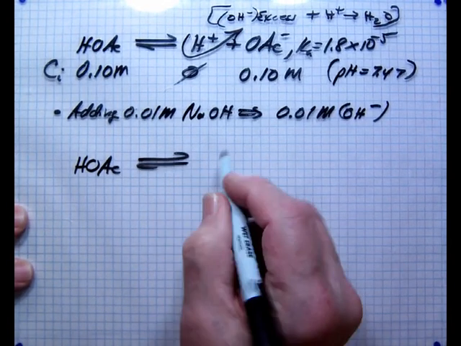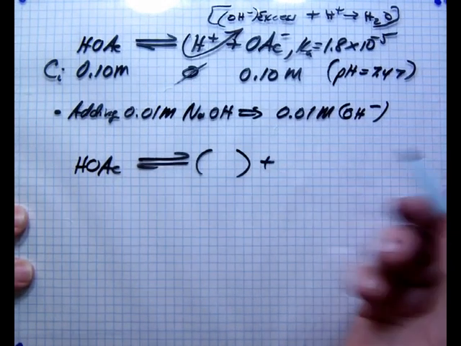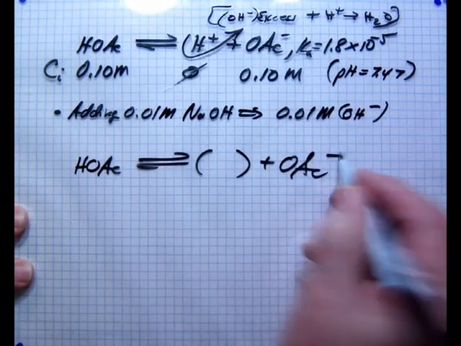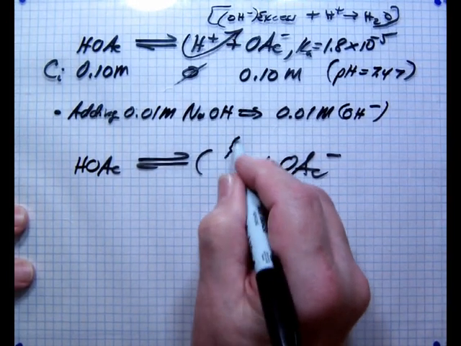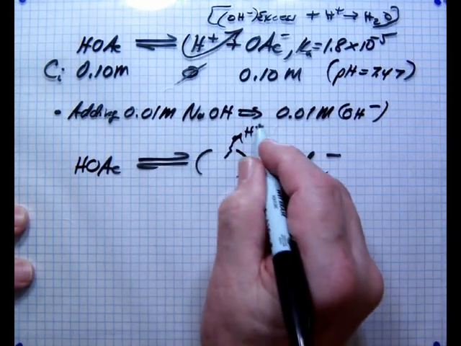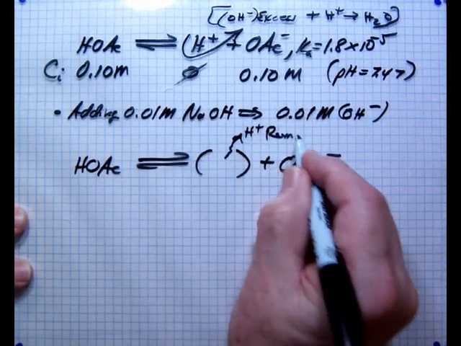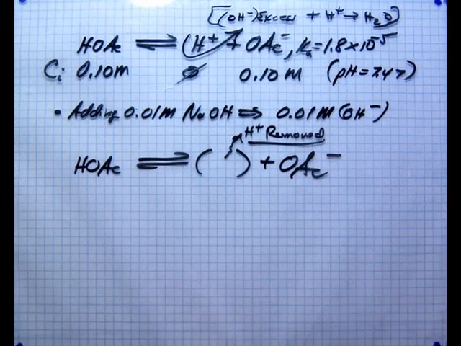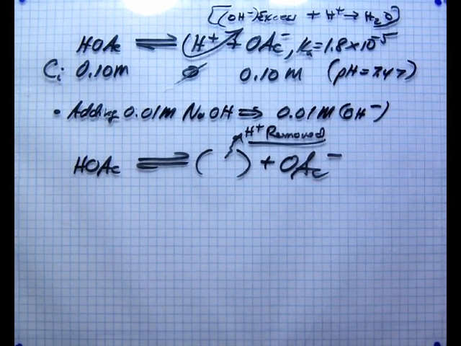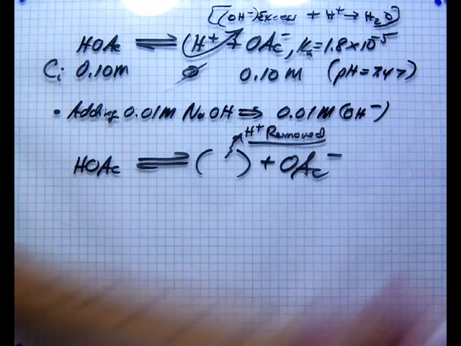One way to look at it: you've got a hole here, it's getting lighter, where the hydronium ion is removed from this side of the equation. One of the seesaw buddies jumped off.